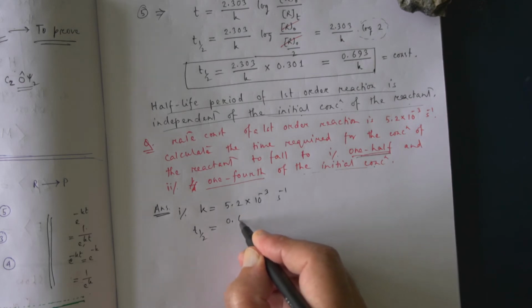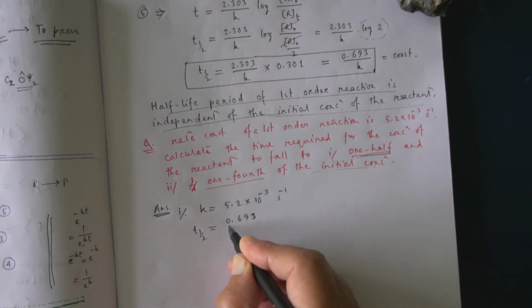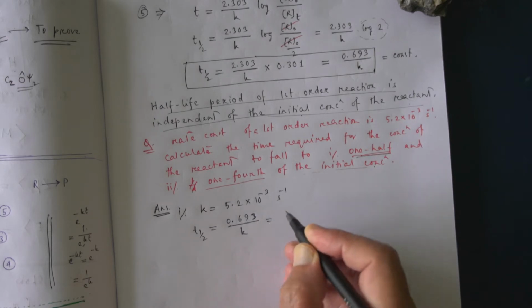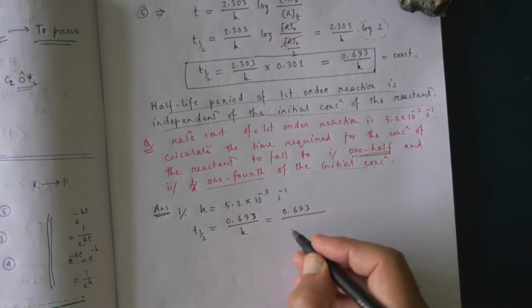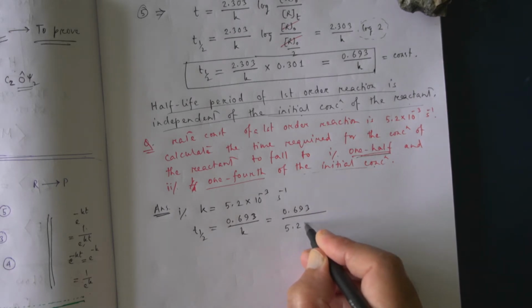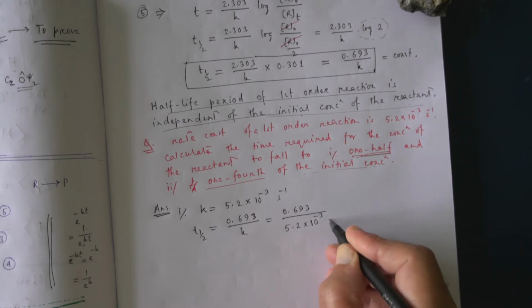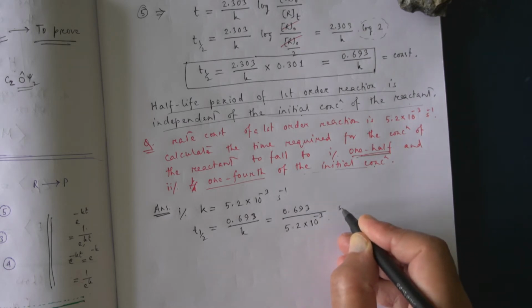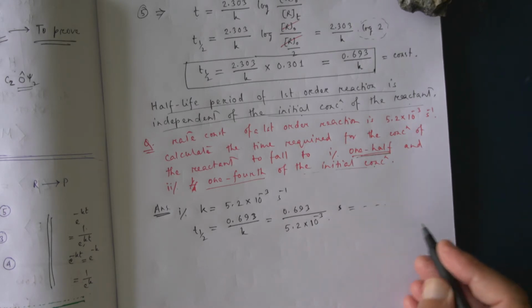So this is equal to 0.693 by K. You just put the values: 5.2 into 10 to the power minus 3. This is second inverse, so the answer will be in seconds. You simplify and you will get this.